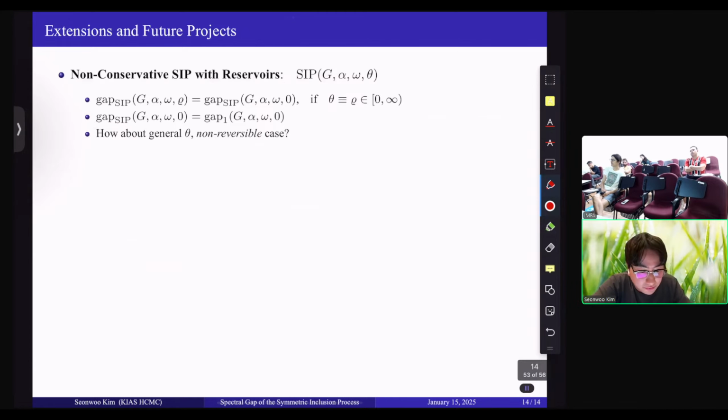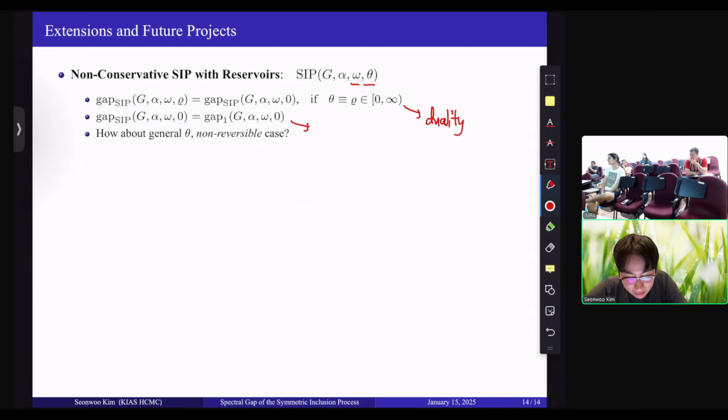So in the second paper we also discussed the non-conservative version of SIP, which means that we can attach an arbitrary number of reservoirs in the system. The omega and theta are just the parameters which control it, and this is by duality.